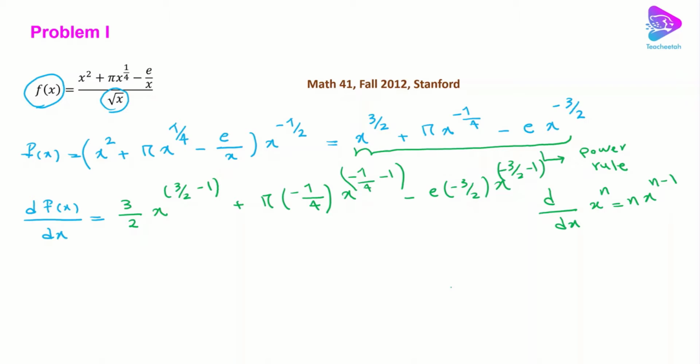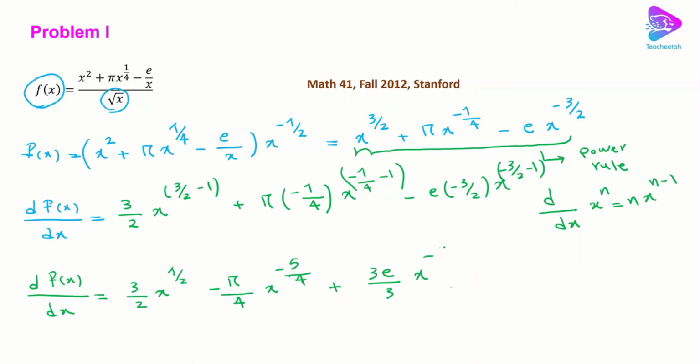So this is going to be the derivative, and we can rewrite it as df(x) over dx equals 3 over 2 x to the power of 1 over 2, minus pi over 4 x to the power of minus 5 over 4, plus 3e over 2 x to the power of minus 5 over 2. So this is going to be the answer for this problem.